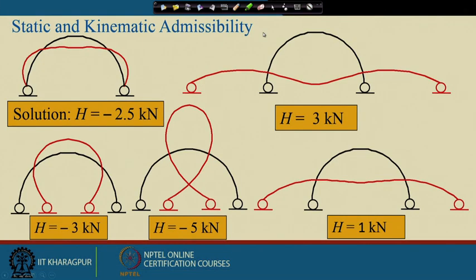Okay. Now, great. So, once we understand what is static and kinematic admissibility, among all these solutions which satisfy static equilibrium, we need to enforce one more condition so that kinematic admissibility can also be satisfied.